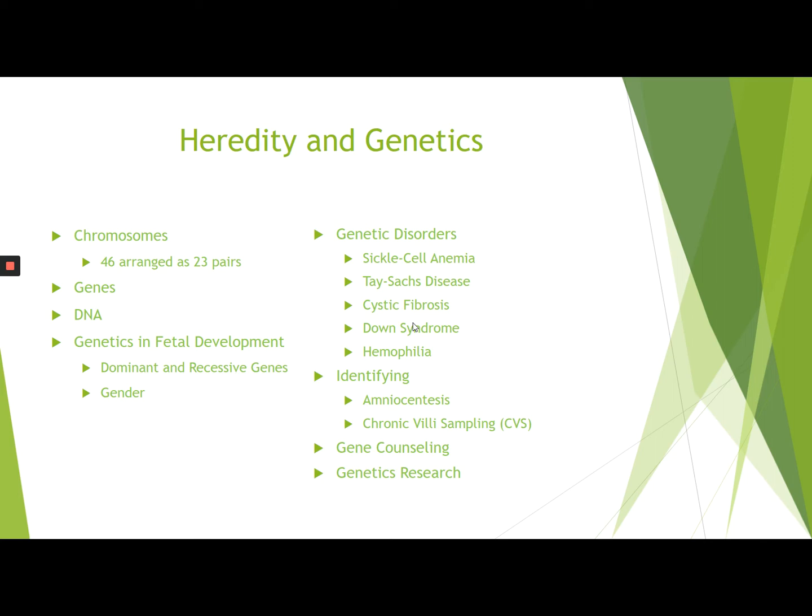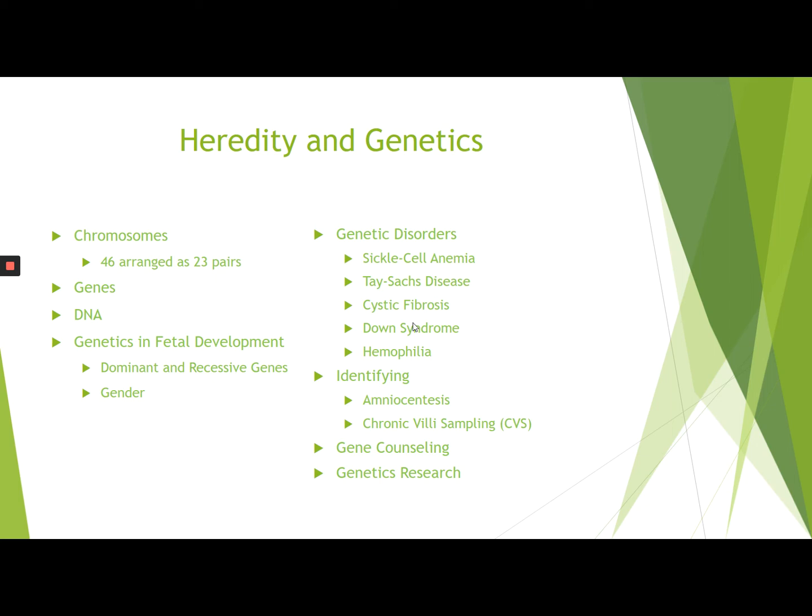So, how do we identify if someone is potentially going to have a genetic disorder? Although most genetic disorders cannot be cured, in some cases they can be treated, especially if they're diagnosed early, often before birth.